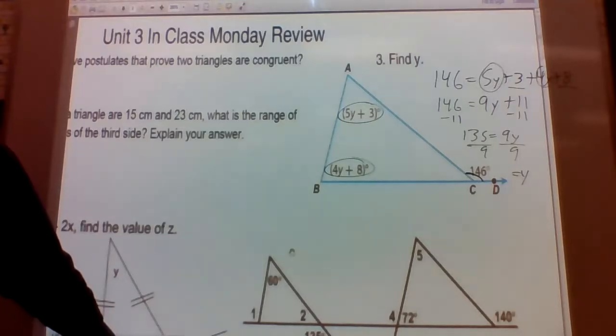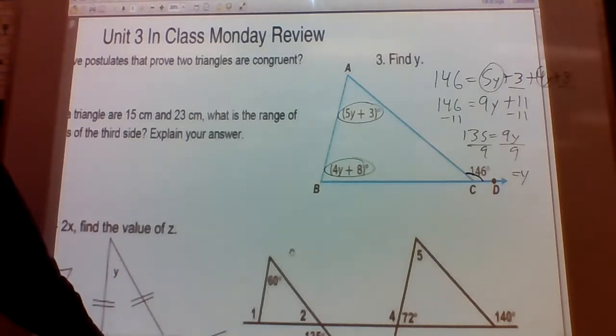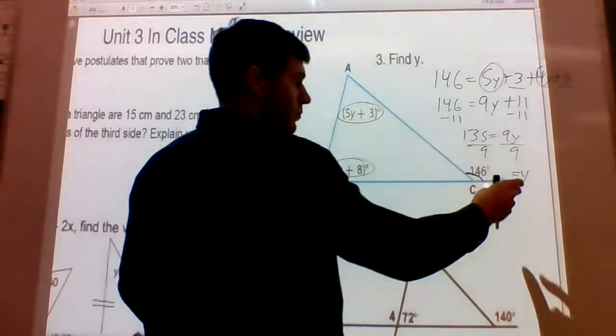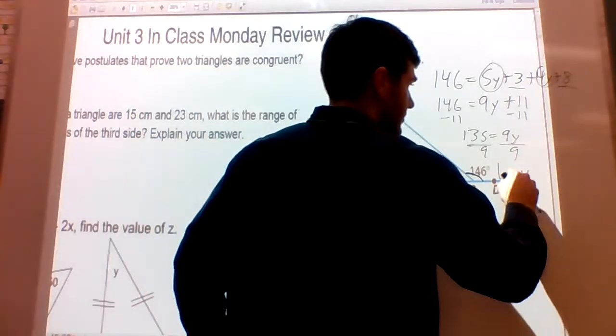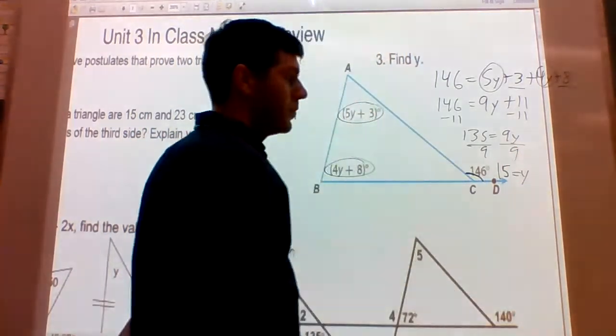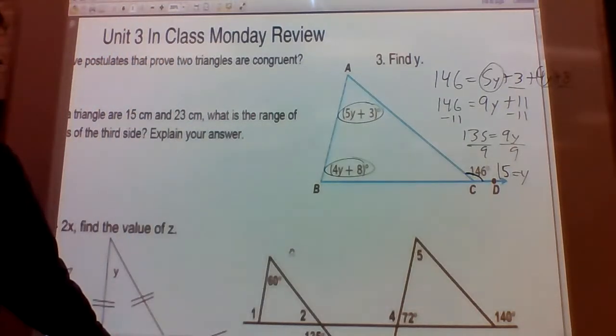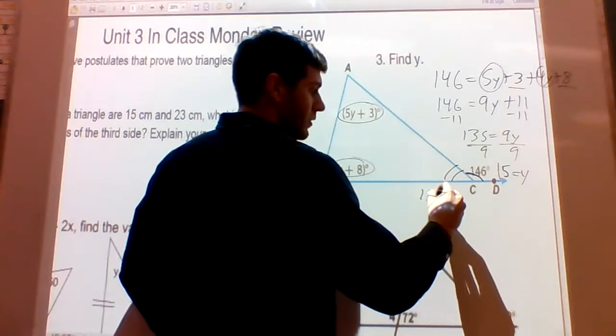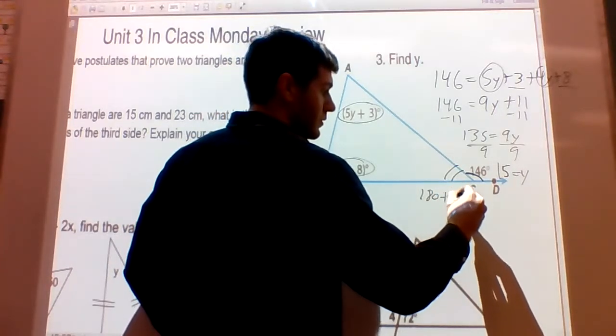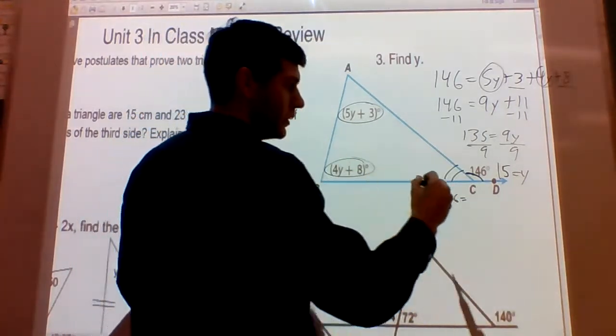Right, 9 times 11 is 99. 9 times 4 is 36. 99 plus 36 is 135. So 11 plus 4 is 15. The other way we could have done this problem is we notice these are a linear pair. So 180 minus 146 is going to give us 34.